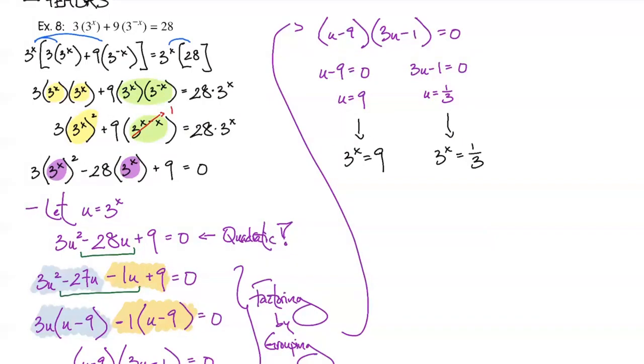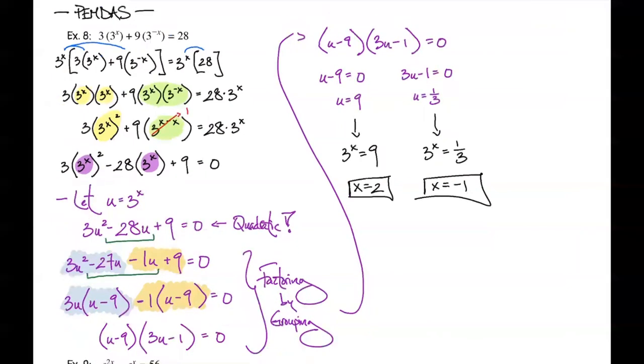On the left-hand equation, 3 to the x equals 9, we would know that x equals 2, right? What about for the right-hand equation? What do we get for x here? Good, -1, excellent, excellent.